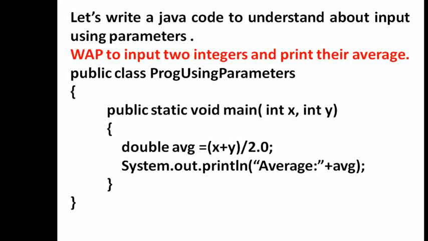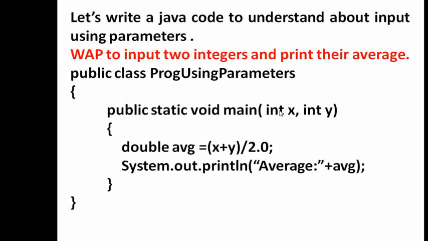Then the class opens with curly braces inside which I have a main method, and you will find something new, that is within bracket after main I have written int x and int y. These are actually the two integers I am going to pass as parameter. I'll show the workout.